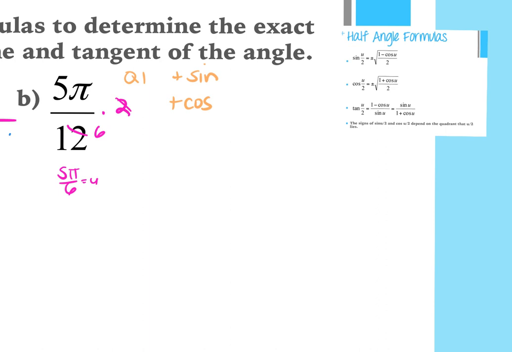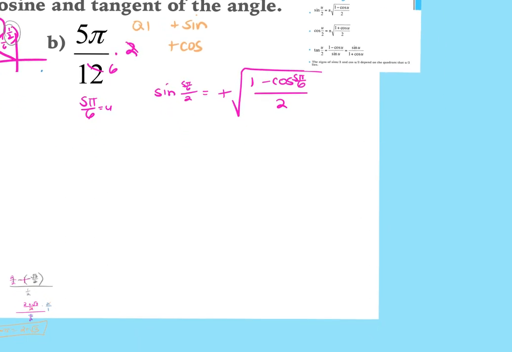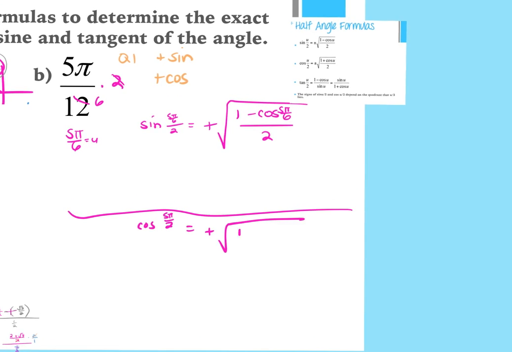So I'm going to do sine first. Sine of 5 pi over 6 over 2, which is positive square root of 1 minus the cosine of 5 pi over 6 over 2. And then I'm going to do the cosine of 5 pi over 6 over 2, which is also the positive version of the formula, 1 plus cosine of 5 pi over 6 over 2.